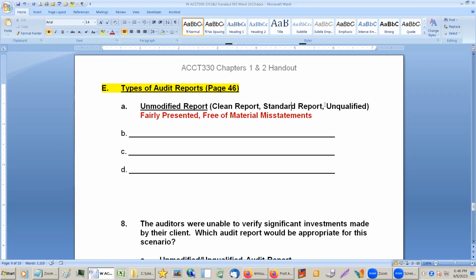The unqualified report is a terminology. Actually, we used to use it for all of it, but unqualified is for the issuers, for Securities Exchange Commission reports. It's all unqualified. If you're wondering why it sounds like a strange term, unqualified usually seems bad.